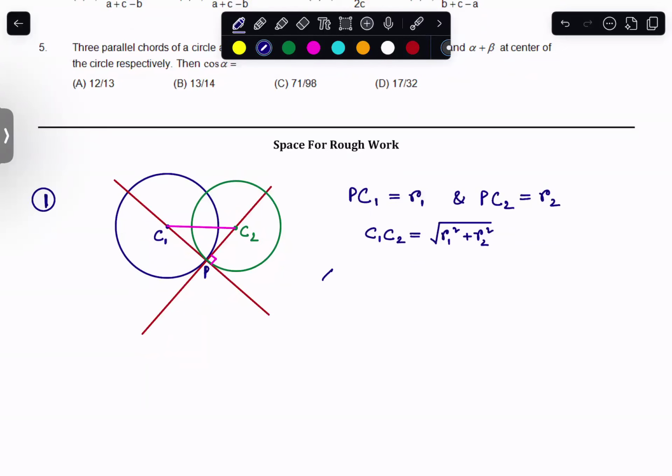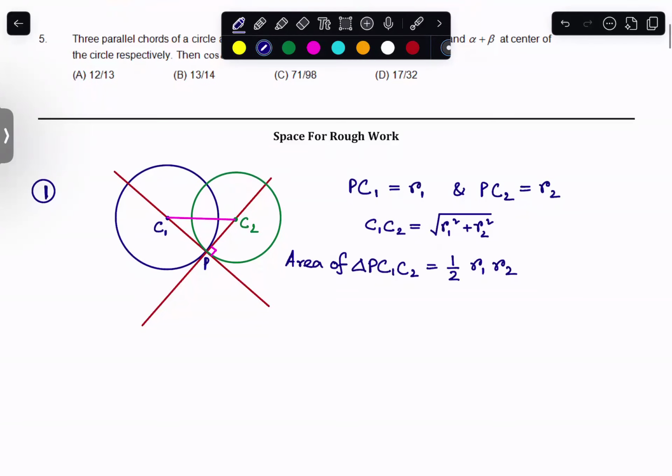Now consider the triangle PC1, C2. Its area of this triangle can be written as half into R1 into R2. Okay.